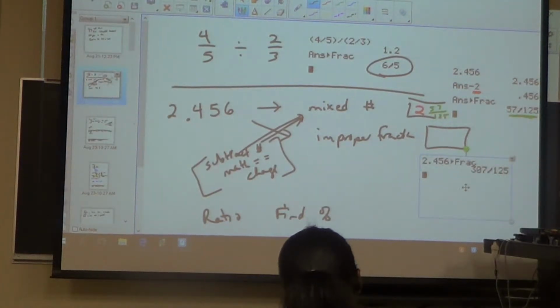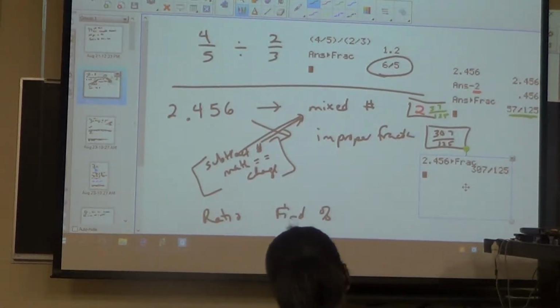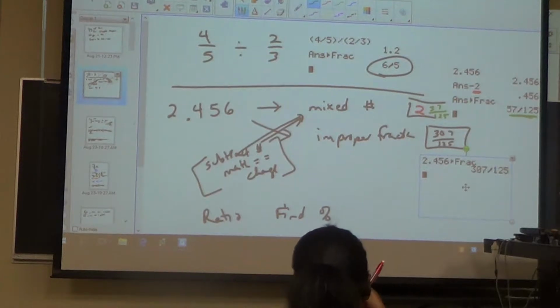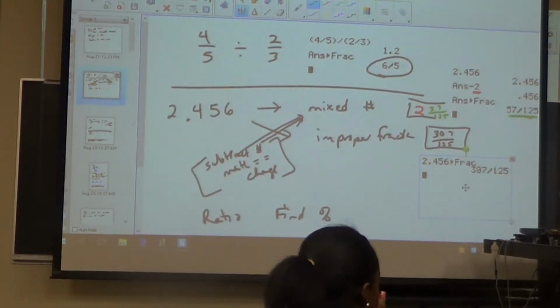So it's just showing you that, yes, you can write the answer 2 different ways. It's just according to what kind of mood I'm in. So I can take the answer, separate the dollars, math, enter the change, or I can math, enter the whole thing, and I'm going to get a fraction. They're just showing you the 2 different ways we can turn the answer. Does that make sense? Did that help?